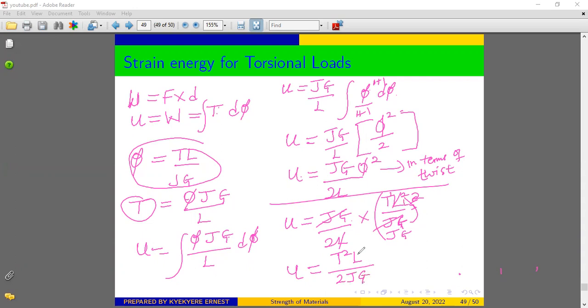So this will be our formula for finding the strain energy in terms of the torque, and this one is in terms of the angle of twist.